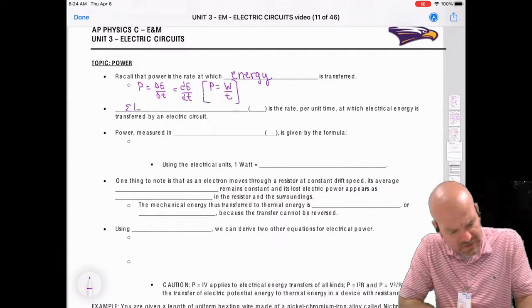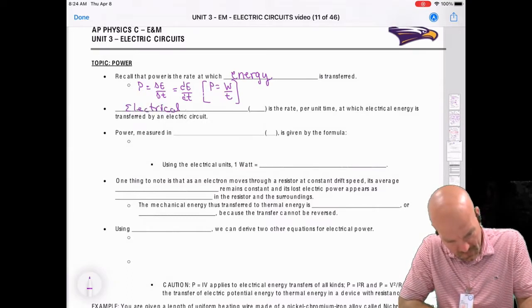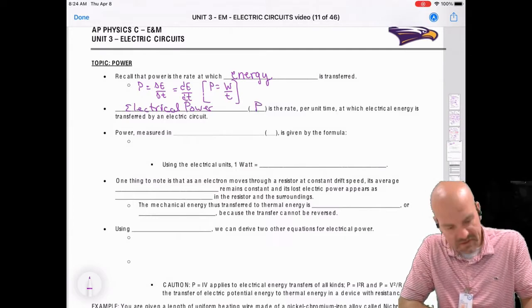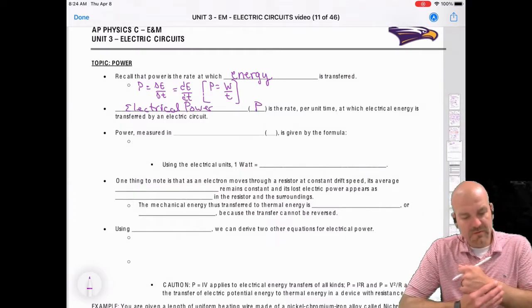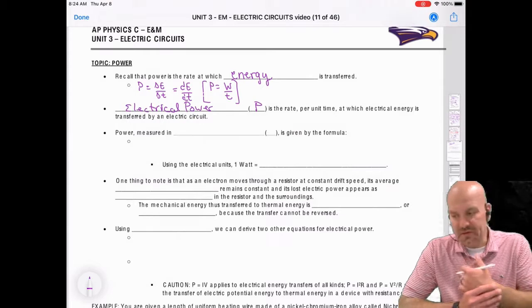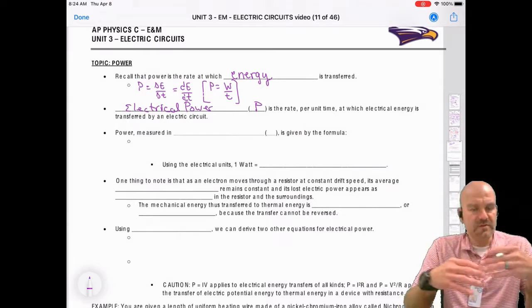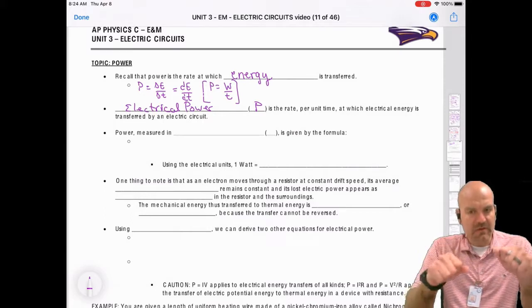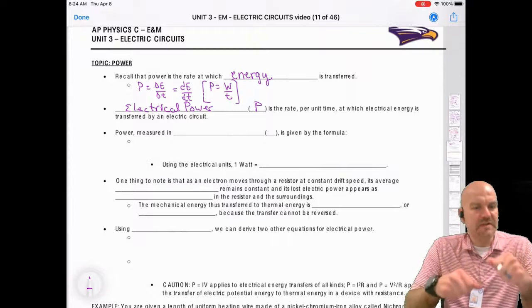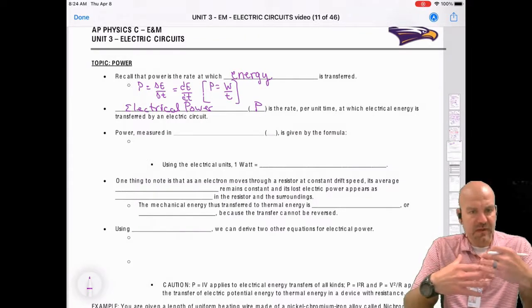Now, electrical power, which by the way is still given the same symbol P, is the rate per unit time at which electrical energy is transferred by an electric circuit. Remember when there is a flow of electrons, the wire gets heated up. This is one of the reasons why the wire is heated up: there's a transfer of power.